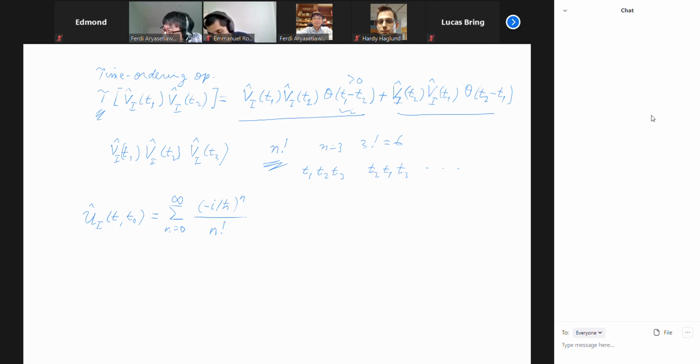The integrals are now always from t0 to t, dt1 up to dtn, of the time ordering of V_I(t1) up to V_I(tn).